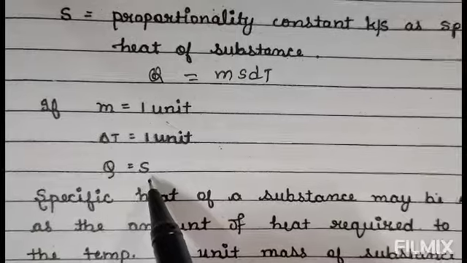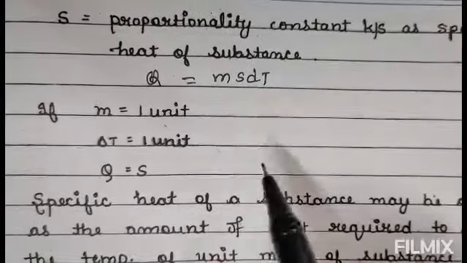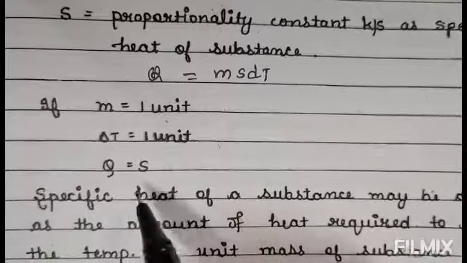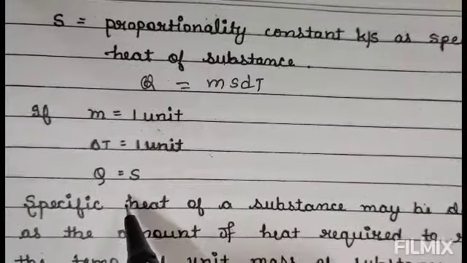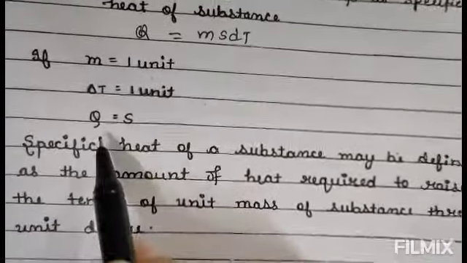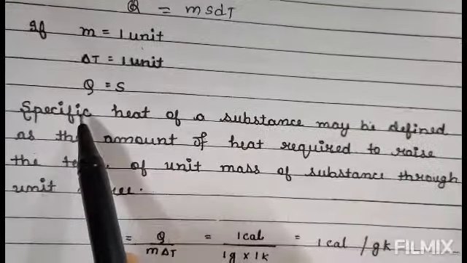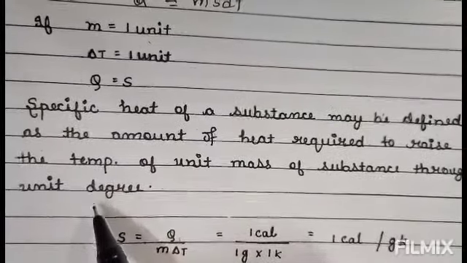So now we are in a position to define the specific heat. This s is the specific heat of a substance. The specific heat of a substance may be defined as the amount of heat required to raise the temperature of unit mass of the substance through unit degree.